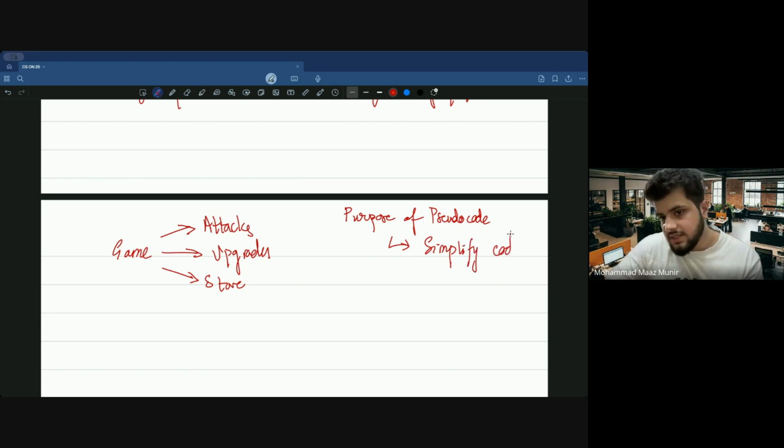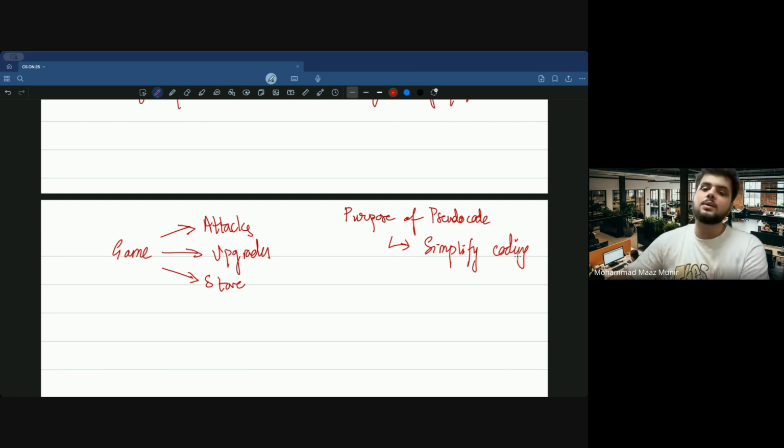When I say simplify coding, I mean that if I'm writing code directly, it's sometimes really difficult because you can make mistakes. You don't know what you should be doing. In big tech companies, you are given a big project, and then you break that project into smaller sub parts.